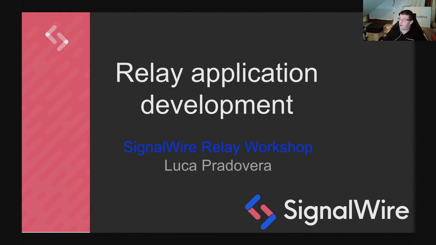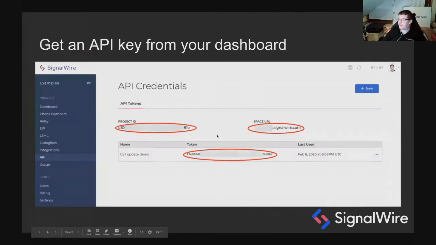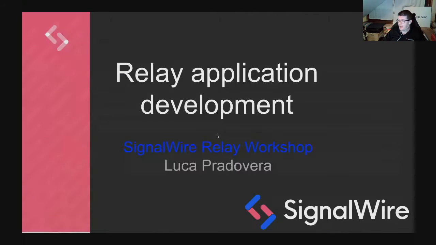So first of all, just a quick recap of what Relay is. Relay is a real-time WebSocket call control protocol based on JSON, so all messages are propagated via JSON. The difference from doing things the HTTP way is that the Relay connection is always up and always reachable.